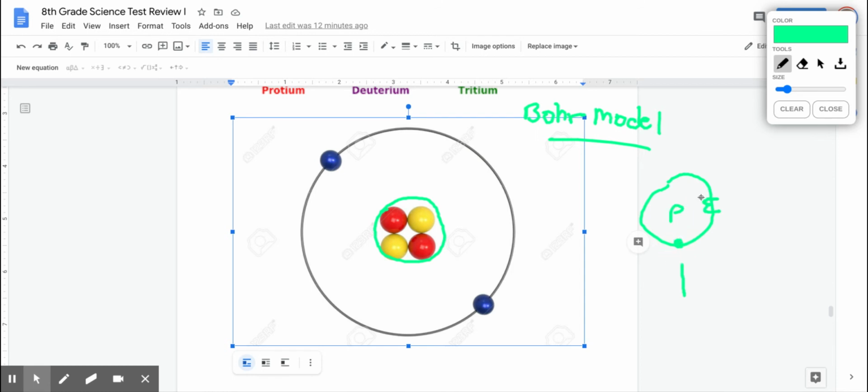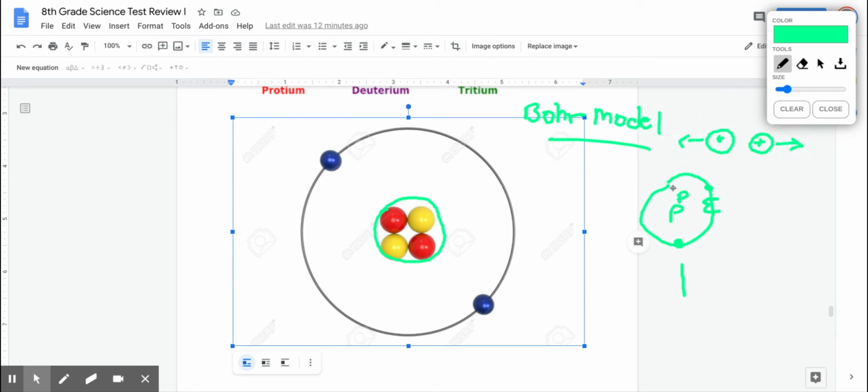And normally what you see is if you have 2 electrons, you'll have the same number of protons. Now the problem is, if you have 2 electrons and 2 protons, you need something holding the protons together because protons do not like each other. They have a positive charge. So there's a positive charge, there's a positive charge. They will not go near each other, right? They want to go away from each other.